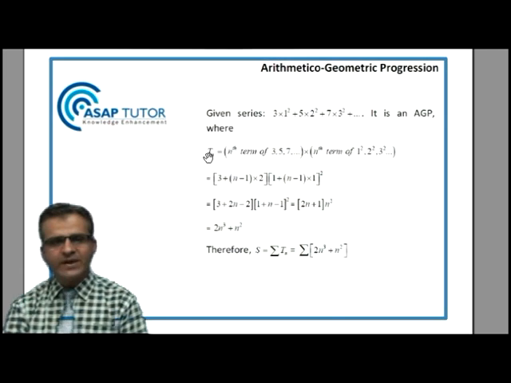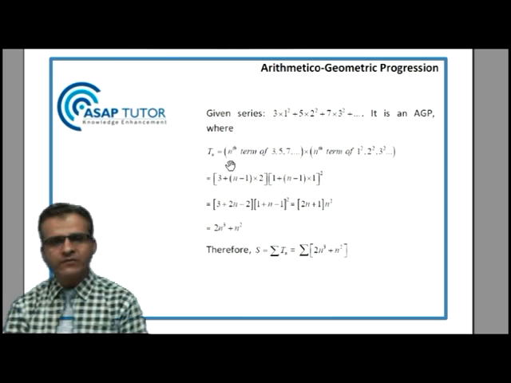The given series, we can write the nth term as the nth term of 3, 5, 7 and so on multiplied by the nth term of 1 square, 2 square, 3 square and so on.